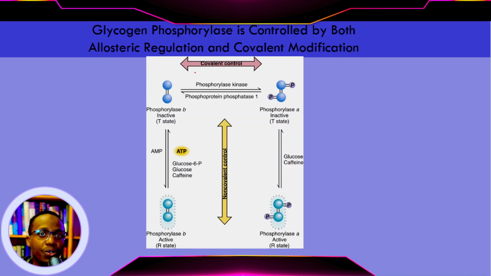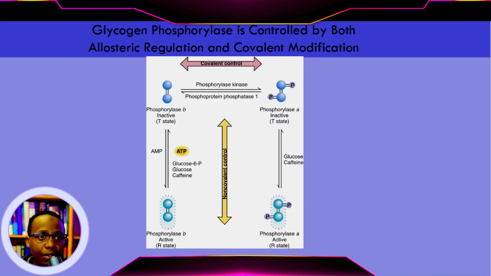You have phosphorylase A and phosphorylase B, right? Phosphorylase B is unphosphorylated. Phosphorylase A is phosphorylated, right? And that's covalent control. We can turn it from B into A, and these are structurally different, and they do different things, they act differently.